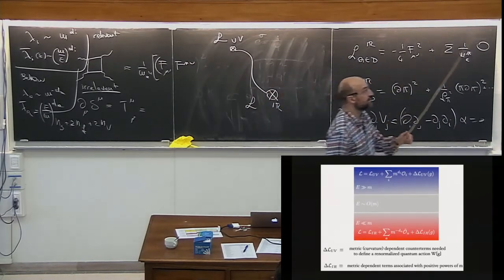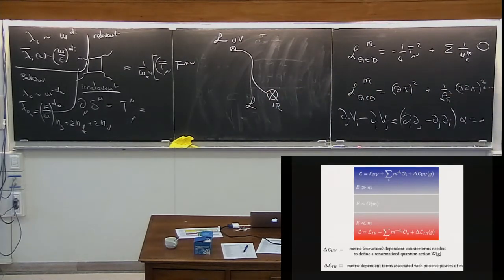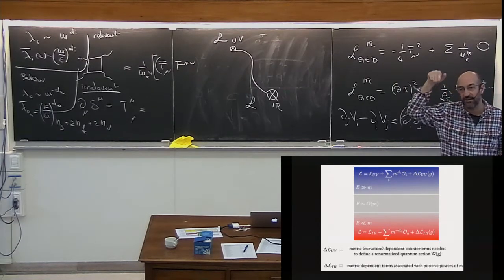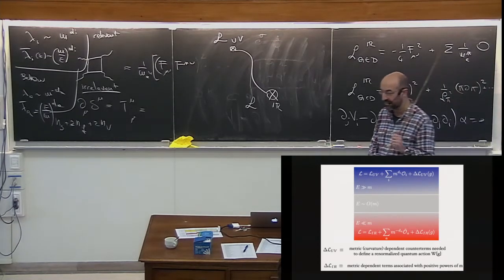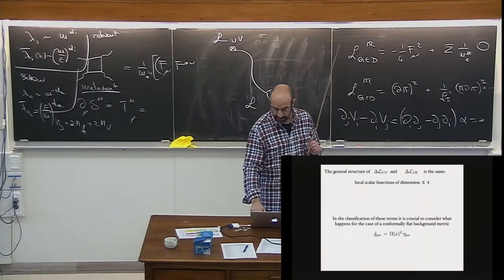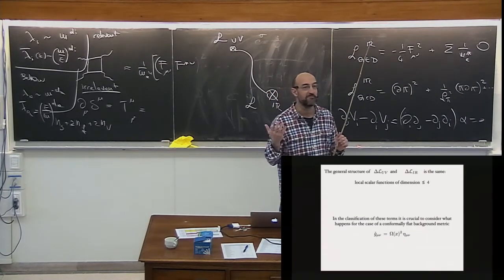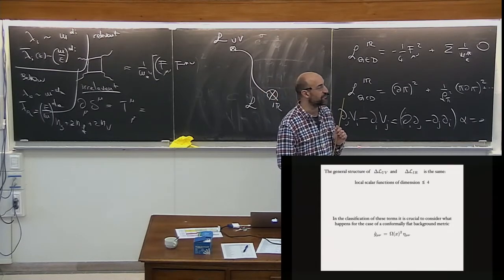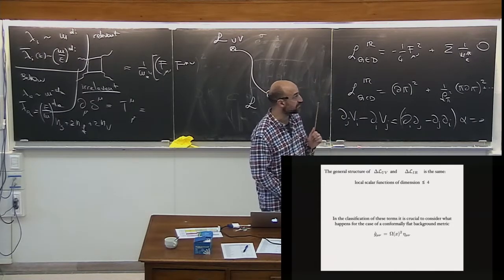Okay. The structure of these two Lagrangians is the same, okay? Only that this one here will also involve all higher dimensional terms, all suppressed by powers of m. But the higher dimensional terms suppressed by powers of m, at the very far infrared, are negligible, so we neglect them. But if you only look at the terms that are relevant or marginal, which have either positive dimension of mass as a coefficient, they have the same structure.